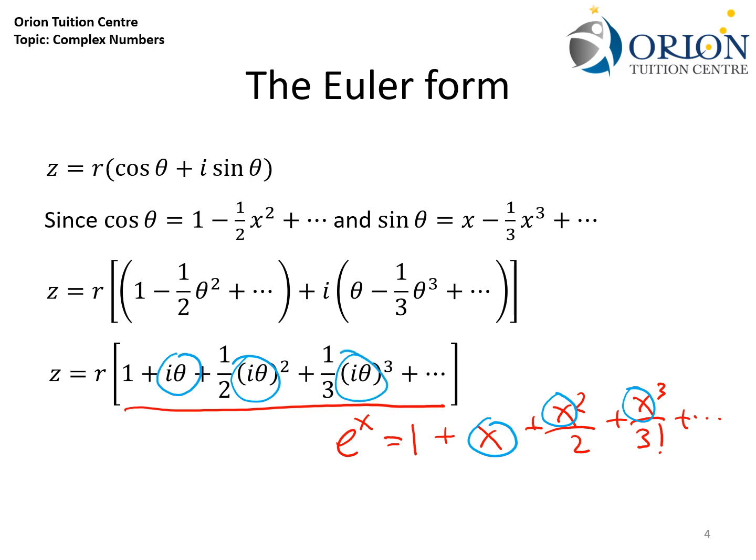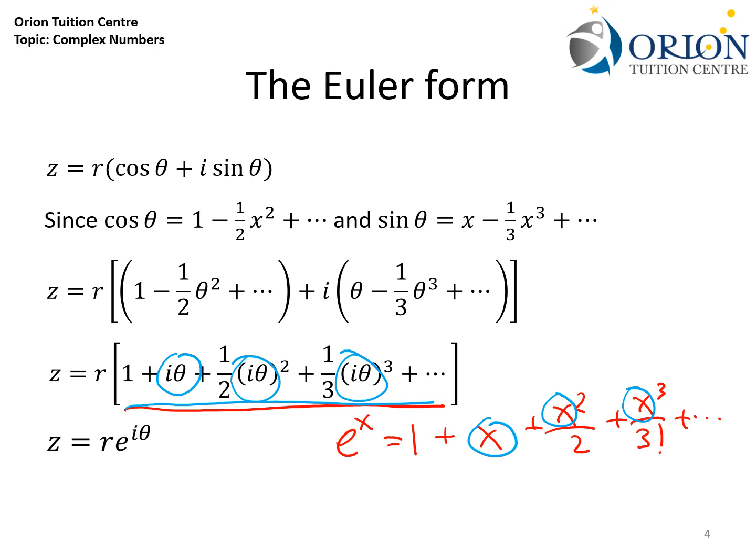Therefore, we can simplify this expression into e to the power of i theta, and the complex number can be written in this form r e to the power of i theta, where r is the modulus of the complex number and theta is the argument of the complex number.